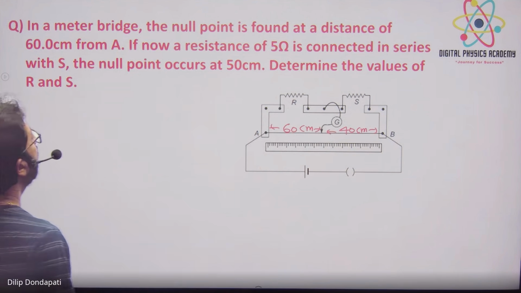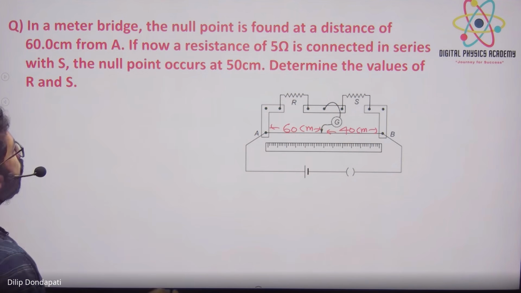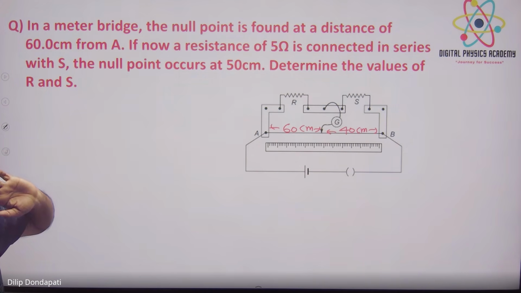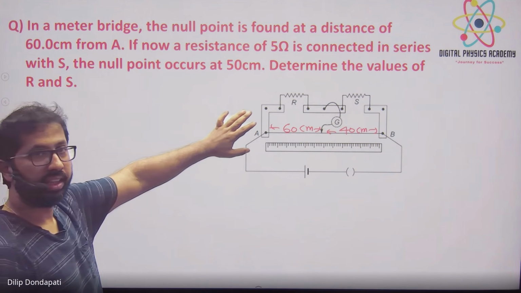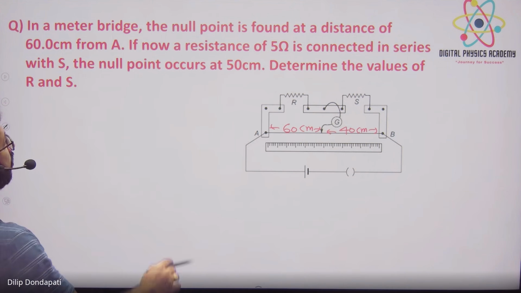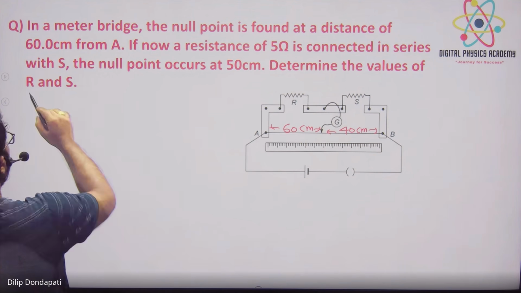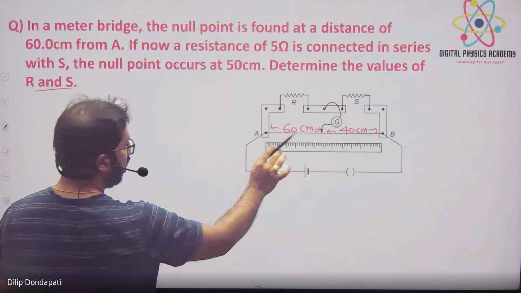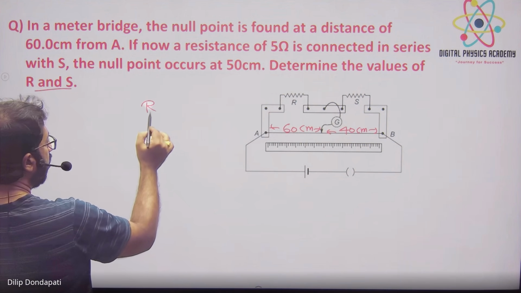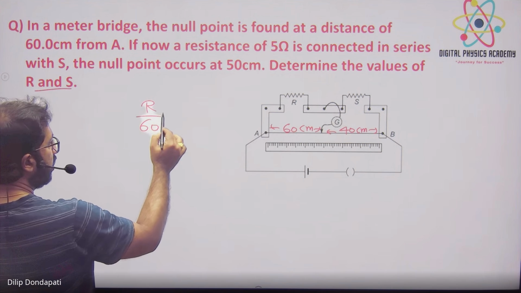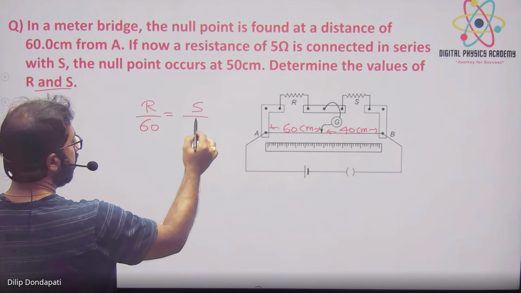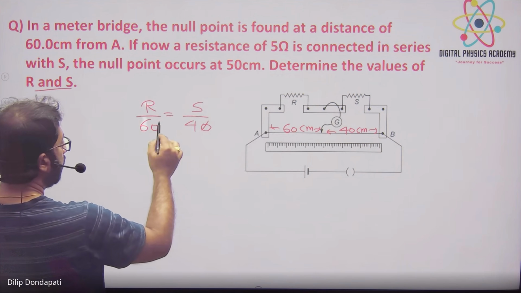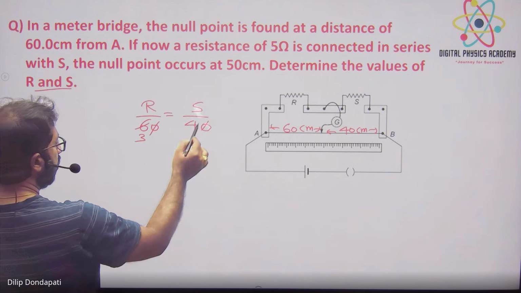Okay. Now if a resistance of 5 ohms is connected in series with the resistance, a second case is given. This is the first case. From here one equation will come. We are trying to find R and S. What is the first equation in this case? R by 60 is equal to S by 40. So zeros cancel, 2 threes, 2 twos.